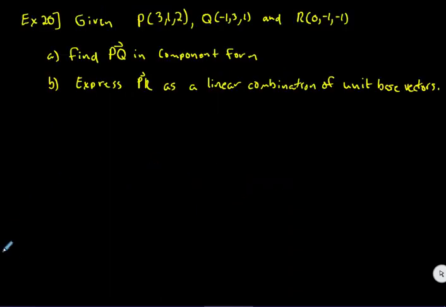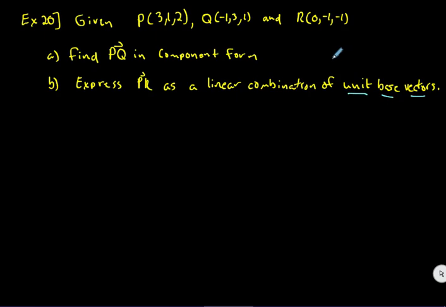So we're going to use that to be able to solve this problem right here. So this is example 20. It says, given that P is the point 3, 1, 2, Q is negative 1, 3, 1, and R is the point 0, negative 1, negative 1, find PQ in component form, then express PR as a linear combination of the unit base vectors, right?